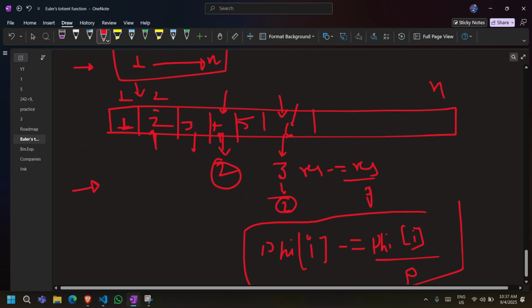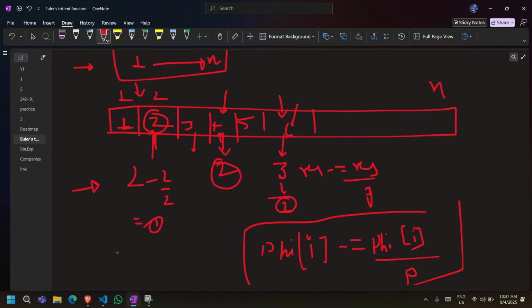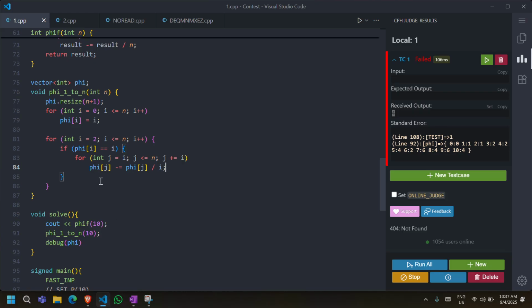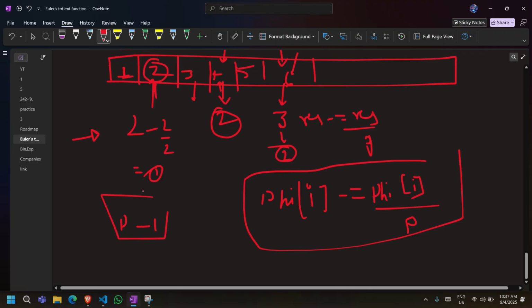And you also do it for i itself: 2 minus equals 2 by 2, that is 1. For all prime numbers, phi is p minus 1. That's why I have to include i also here. Right? Now, how is this working?